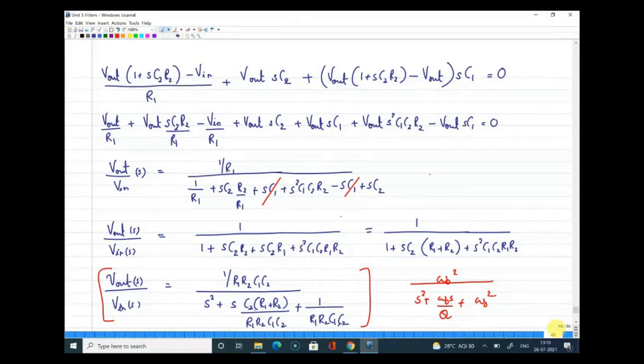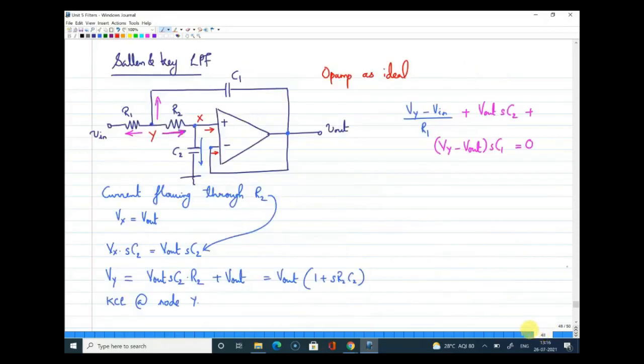Is it clear? Sir, in this particular analysis, how are we concluding that this is a low pass filter? Okay, so one thing is we started from the low pass filter itself, right? We are analyzing an existing architecture.